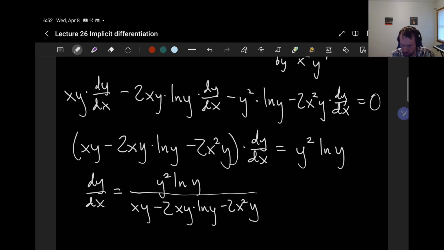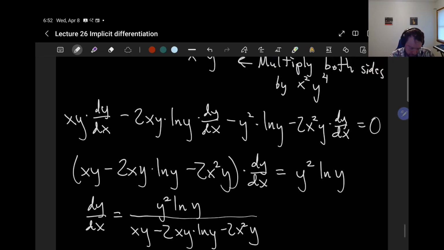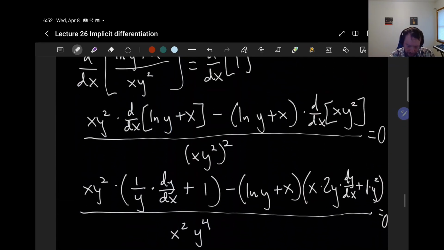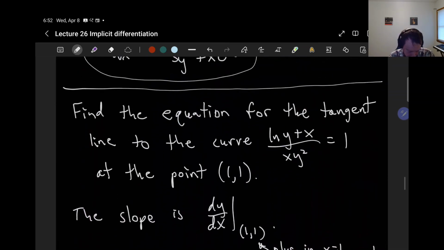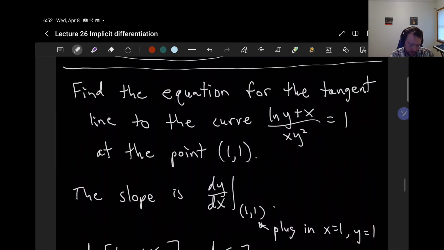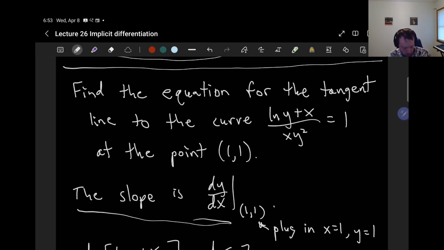So am I done with the problem? Well, we're pretty close, but not quite done. So let's remind ourselves, what were we doing here? The goal is to find the equation for the tangent line. So I'm trying to find the equation of a line, and we're working towards the slope here.